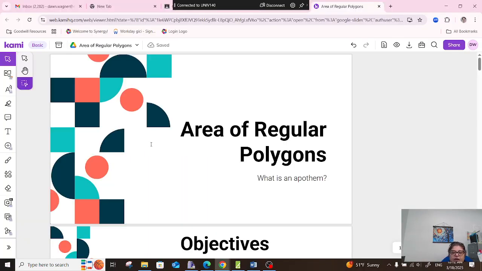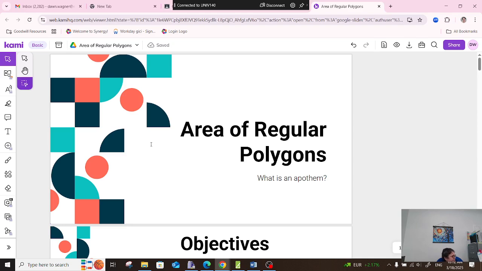Okay, so area of circles. Can everybody here do an area of a circle? Pi r squared. Everybody good, right? Can we find area of triangles? Area of parallelograms?